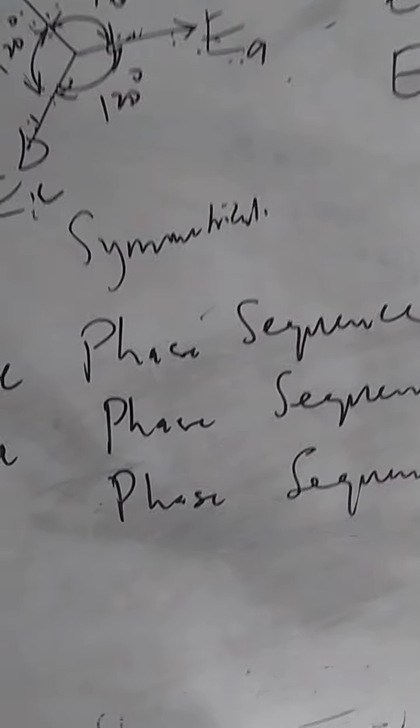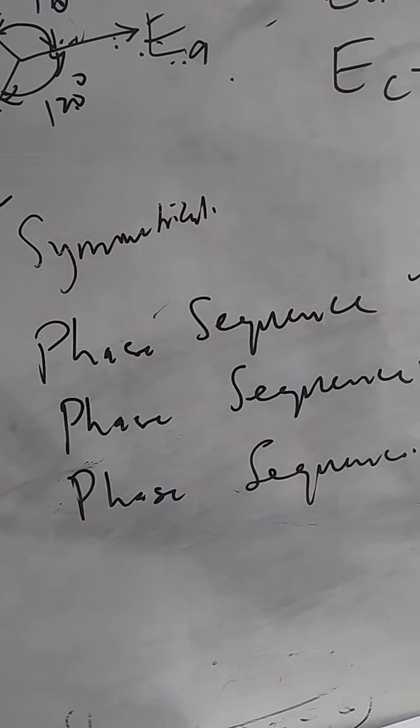Then we have the one of zero phase sequence. This third symmetrical arrangement has the same phase, a system with three equal rotating phasors.